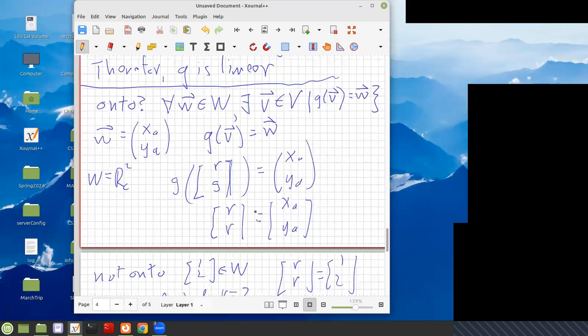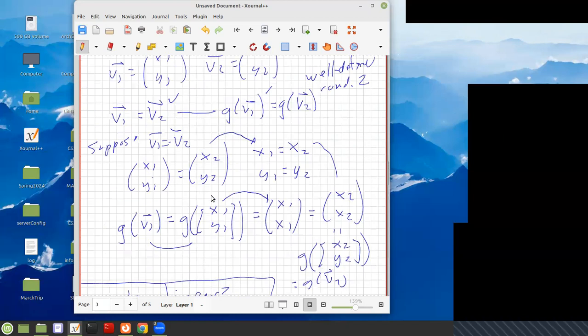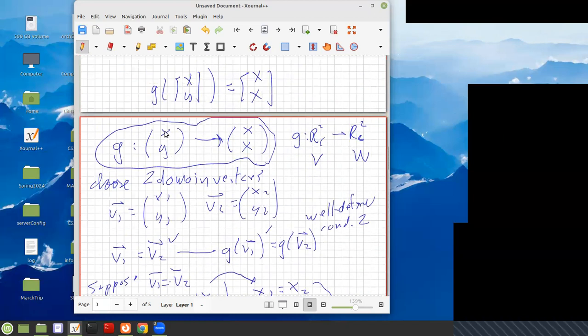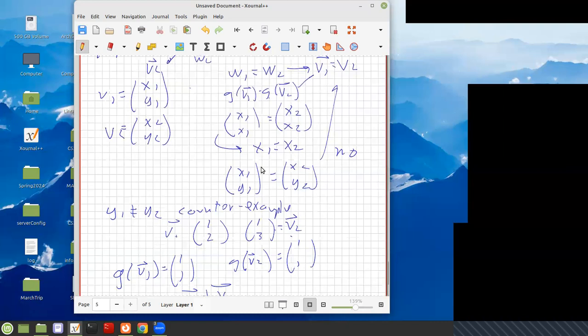If I look at g, I can have an x going to one vector, whatever x is, but I can choose y to be anything and they all go to the same one. So this map is not 1 to 1 and it's not onto.